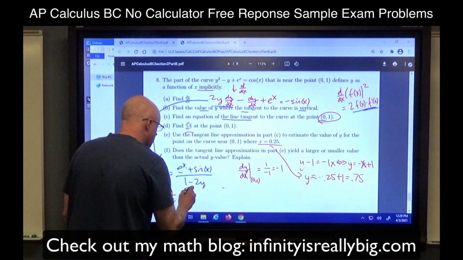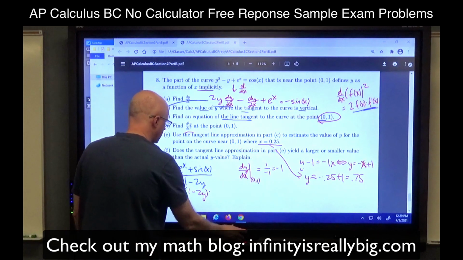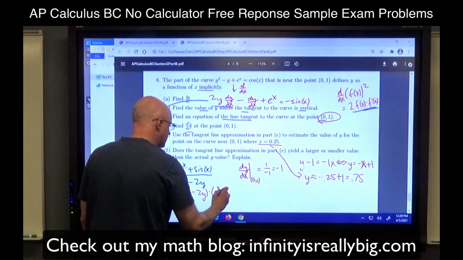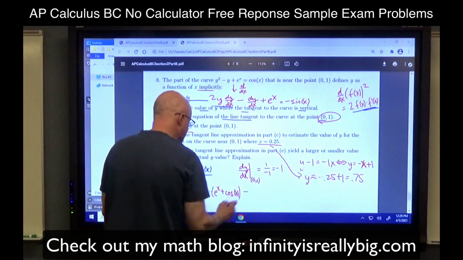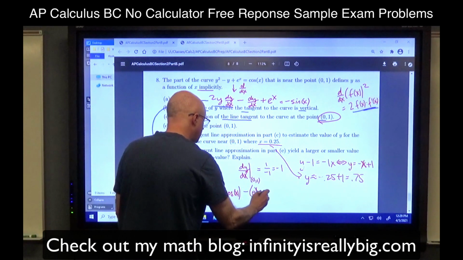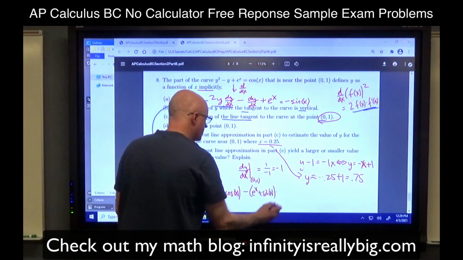I still need the quotient rule here. I always remember it as low d high: the low function times the derivative of the high function, the derivative of the top, e to the x plus sine of x, which is e to the x plus cos x. Minus high d low: the top function times the derivative of the low function with respect to x.